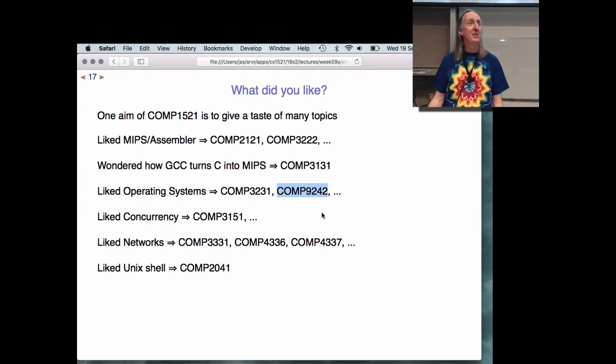Concurrency, we may eventually run a concurrency course again after the lecturer who taught it got sacked. Not helpful. And there's plenty of networks courses, and if you like all this shell stuff, writing scripts and so on, then do 2041 to keep Andrew Taylor happy.